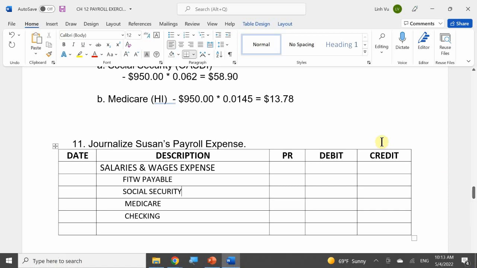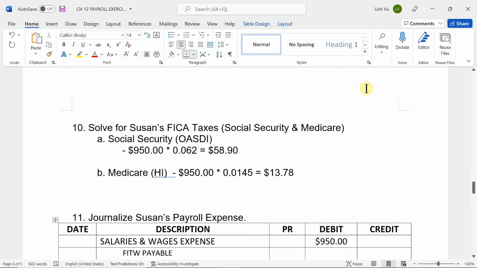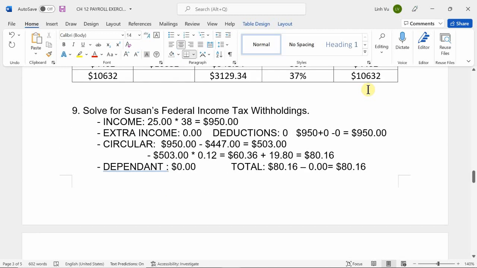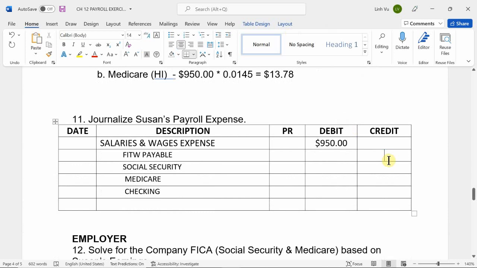So how much did she make? She made 950. How much federal income tax withholding did we calculate? We got 80.16.